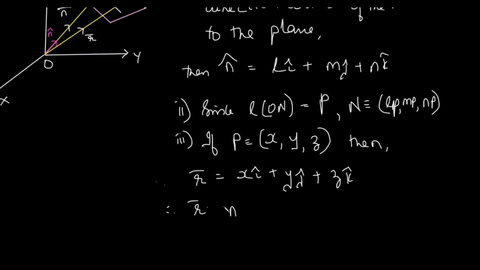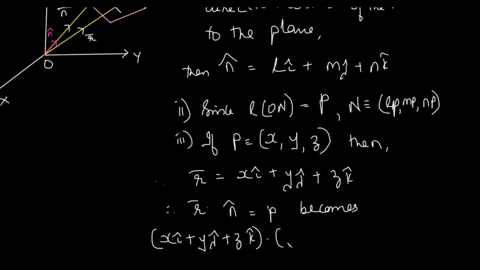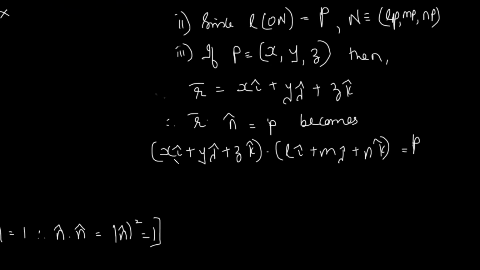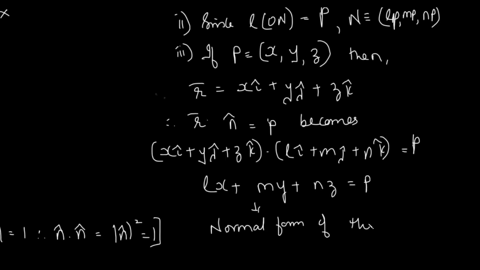Therefore, R dot n cap, the normal form of the equation of the plane, that is R dot n cap is equal to P, becomes Xi plus Yj plus Zk dot Li plus Mj plus Nk is equal to P. Now taking the dot product, we have Lx plus My plus Nz is equal to P. This equation is called the normal form of the Cartesian equation of the plane.